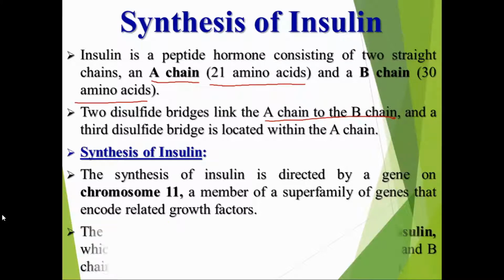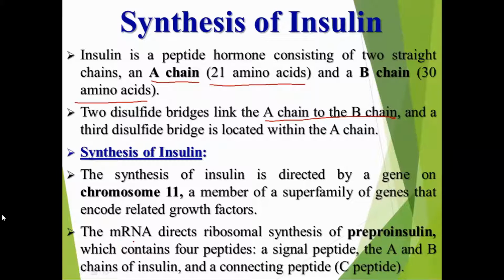Chromosome 11. Then the mRNA directs the ribosomal synthesis of what? Prohormone, we said. So pre-pro insulin, the first hormone to be synthesized from a prohormone. This pre-pro insulin contains 4 peptides: a signal peptide, the A and B chains, and the connecting C peptide.